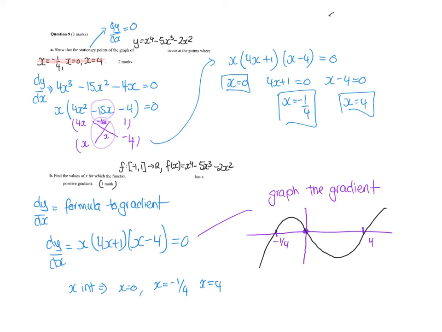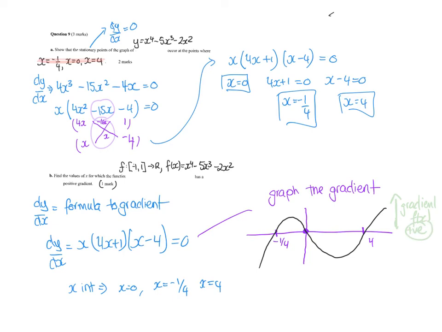Yes? Okay. If you remember back in what we talked about, when you asked when is this gradient positive? So I've sketched the graph of the gradient. When are the y values positive? Up here is when the gradient of the real function is positive, isn't it?